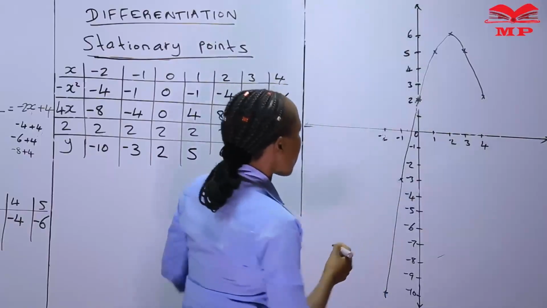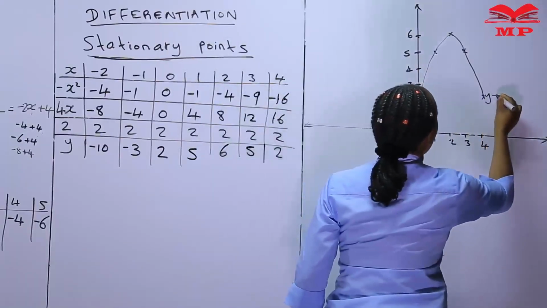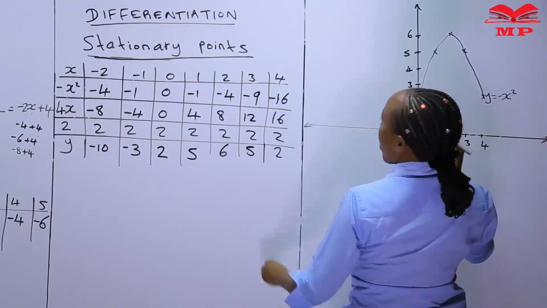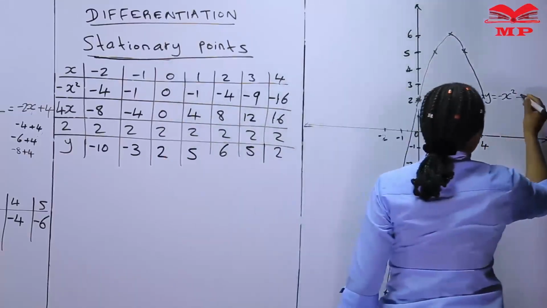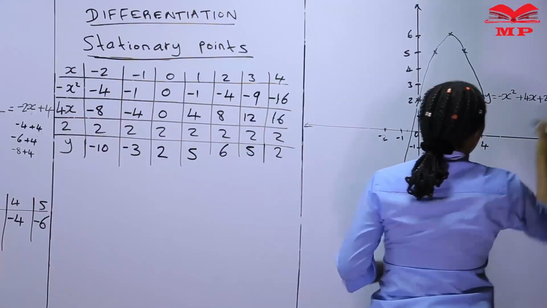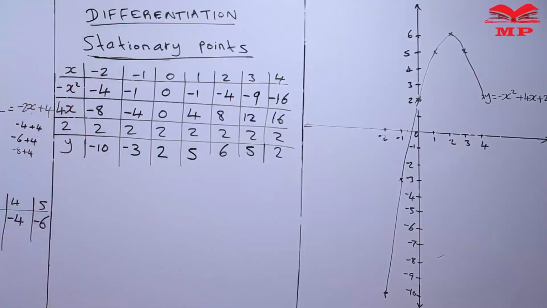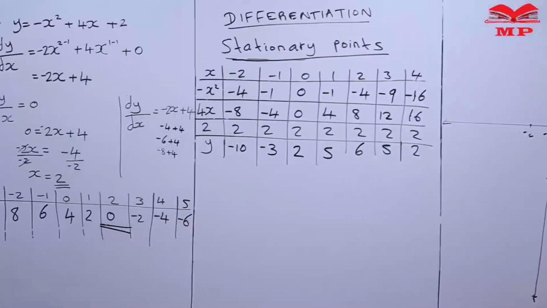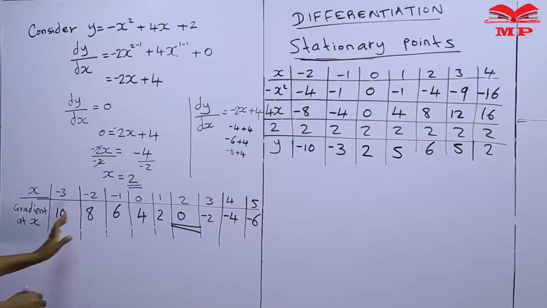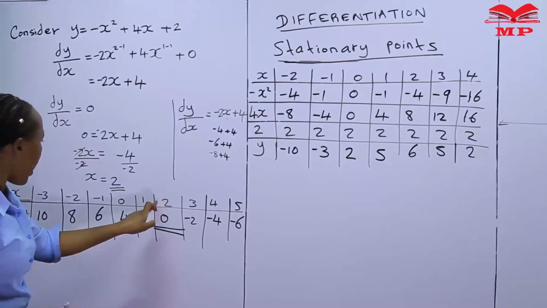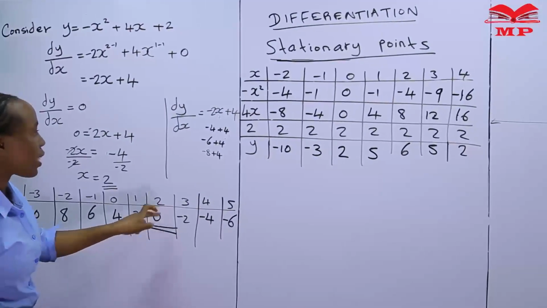So the equation of this curve is y equals -x squared plus 4x plus 2. I want us to begin considering the gradient at x. We can see at the point where x is 2, the gradient is 0.